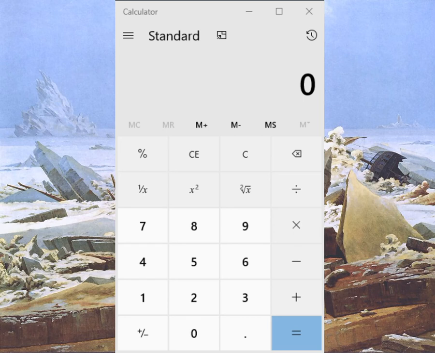I'm going to start on this, first of all, with the calculator. Basically just playing around with it, seeing how this might come up naturally if you're just playing on the calculator.